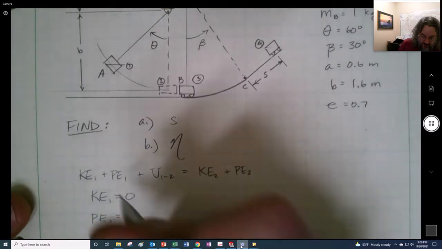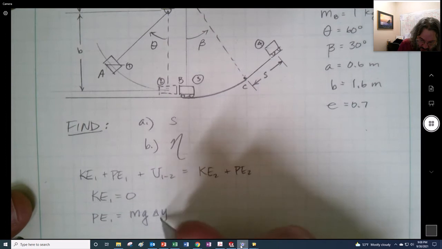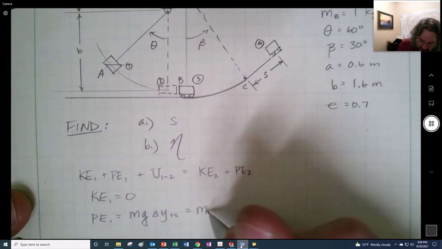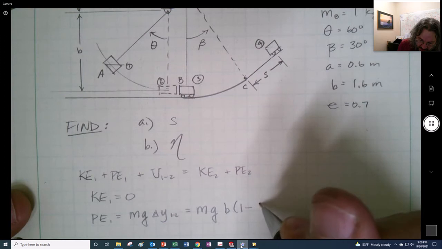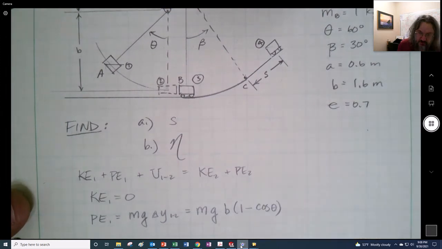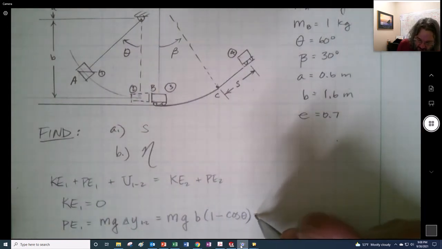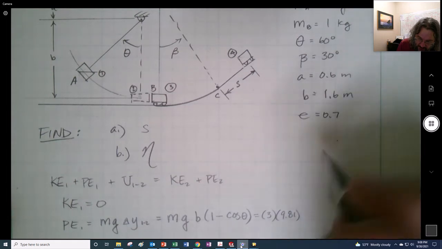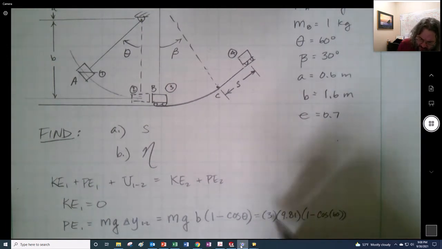So it's mg times delta y from 1 to 2, which is mg times B times 1 minus the cosine of theta. You should be able to work out why that is. So the mass is 3 kilograms, 9.81, 1 minus the cosine of 60 degrees, which is just 0.5.